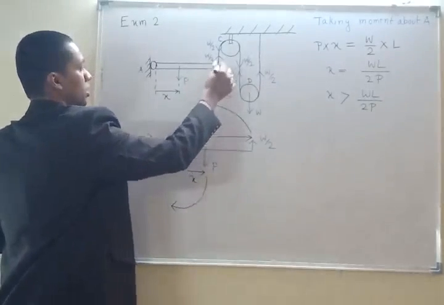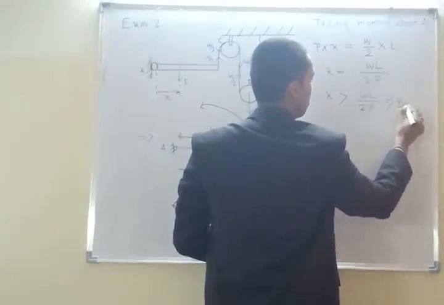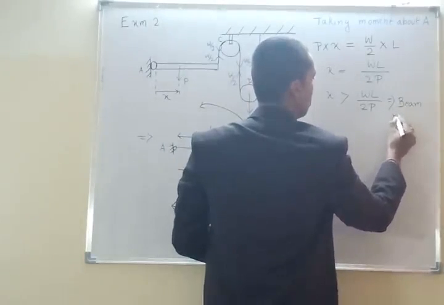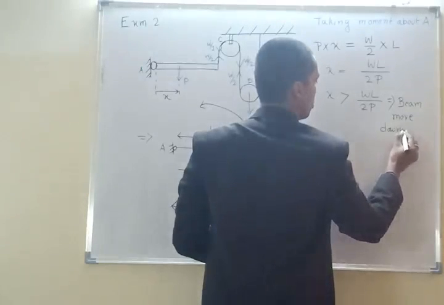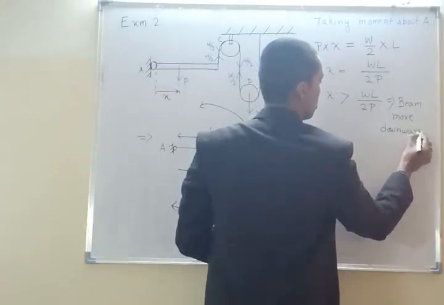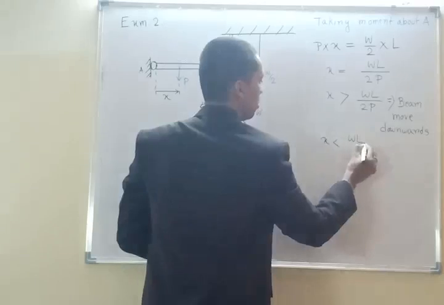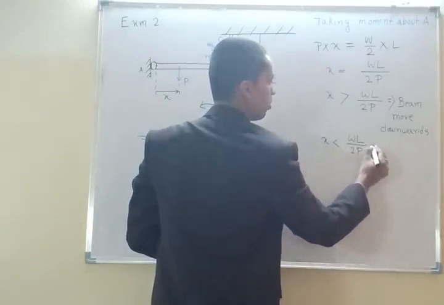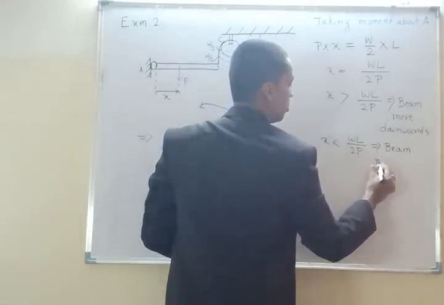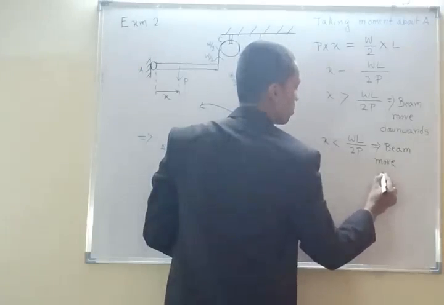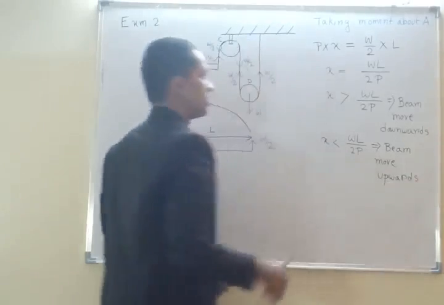If it is in here, then the beam will move downwards. And if x is less than WL by 2P, then the opposite thing will happen. The beam will move upwards. So this is the answer.